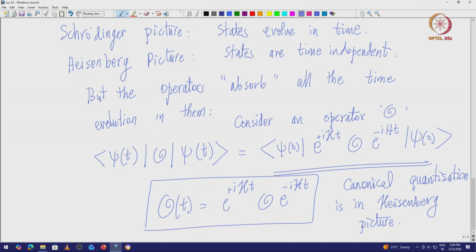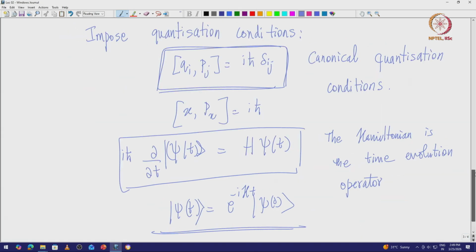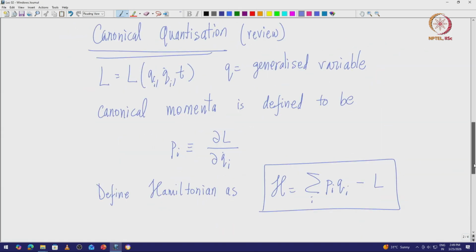Before moving further, I would also like to review one more basic point. What is canonical quantization? Canonical quantization is: take any classical Lagrangian, you have a generalized variable and a conjugate momentum, and impose these quantization conditions.